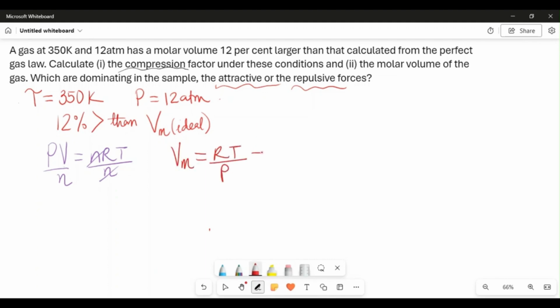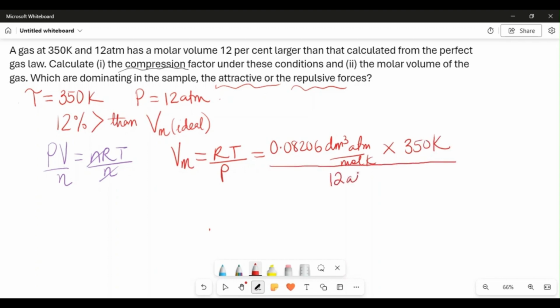So let's substitute. We know the gas constant to be 0.08206 dm cubed atm divided by mole Kelvin, times the temperature, which we substitute as 350 Kelvin. And then we have the pressure to be 12 atmospheres. So we cancel out the atmospheres and we cancel out the Kelvins, and we end up with molar volume equals 0.08206 times 350 divided by 12.